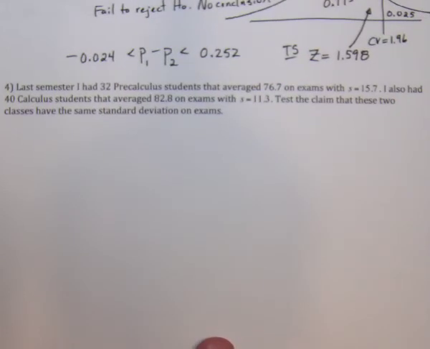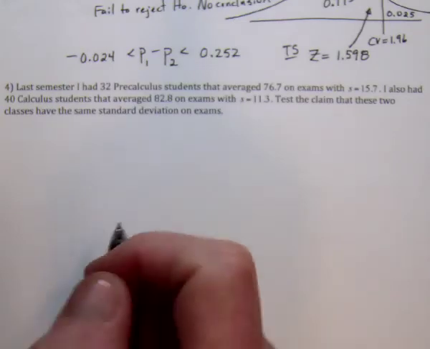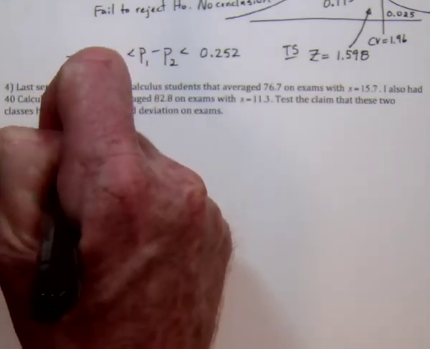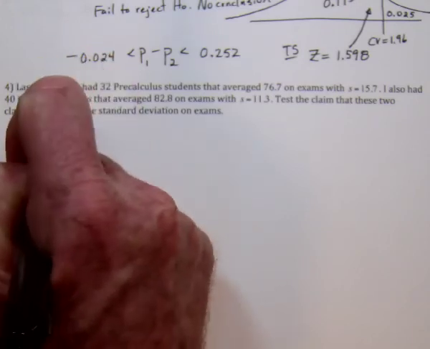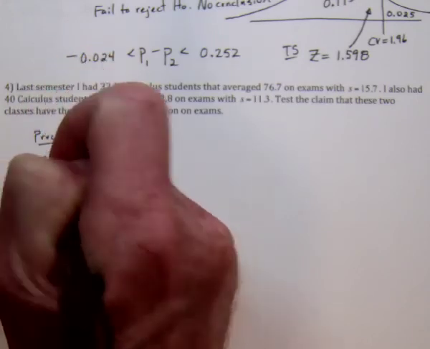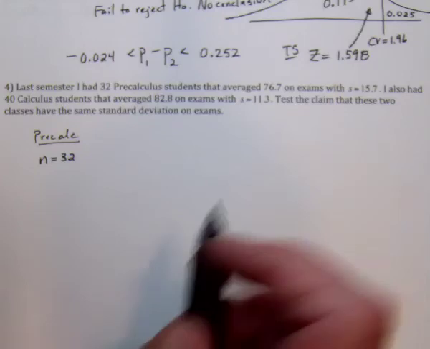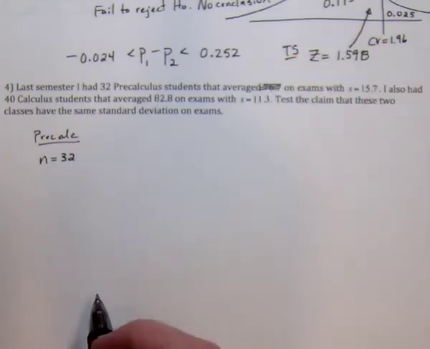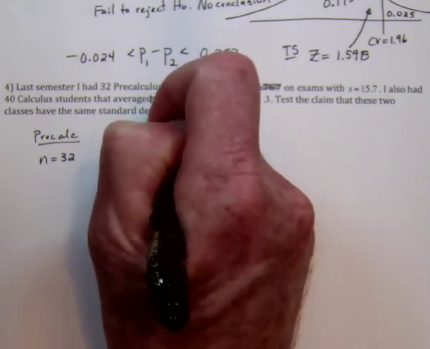Now something about standard deviations. So it's the same information that I had before. So there's the pre-calculus, n equals 32 students. This question is about the standard deviation, so you don't even need the mean. Ignore the averages.